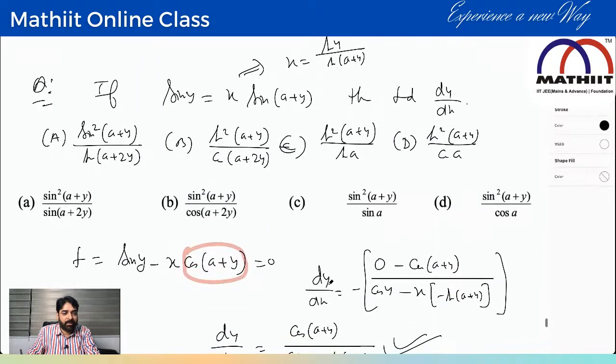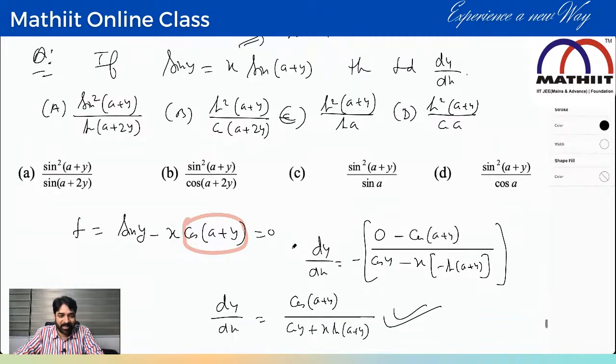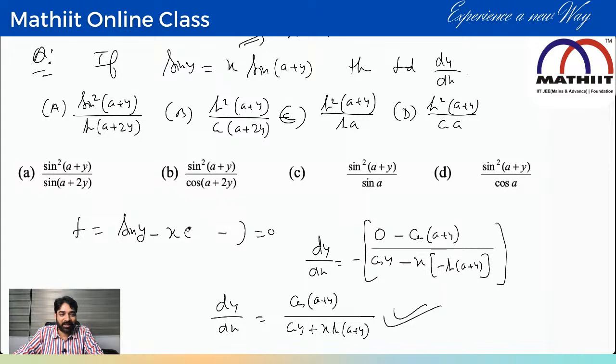Somewhere some calculation mistake I did. I'm sorry. I took the wrong question. Yeah, the question is different. I'm sorry. I didn't see anybody's chat in the messages. All of you are messaging me, but I did not notice. Sorry.